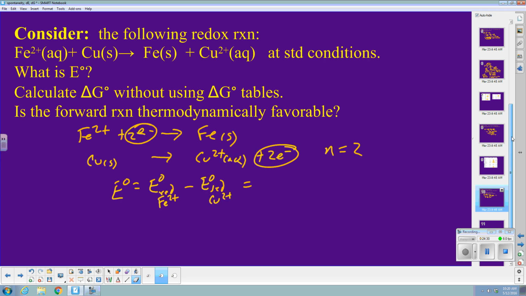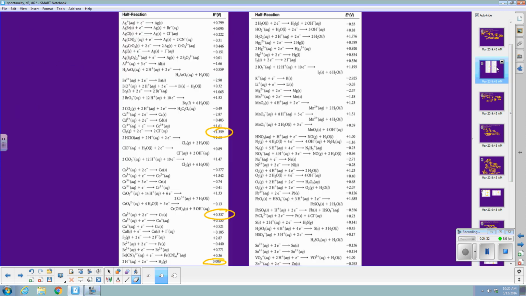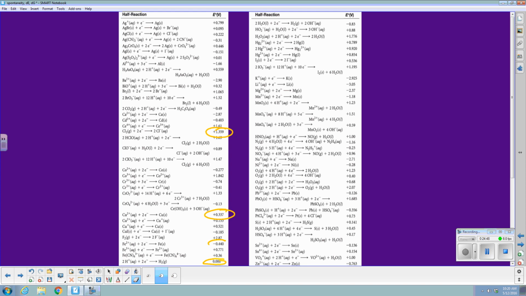Copper we already found: 0.337. What is my iron? Fe. Iron is negative 0.440.